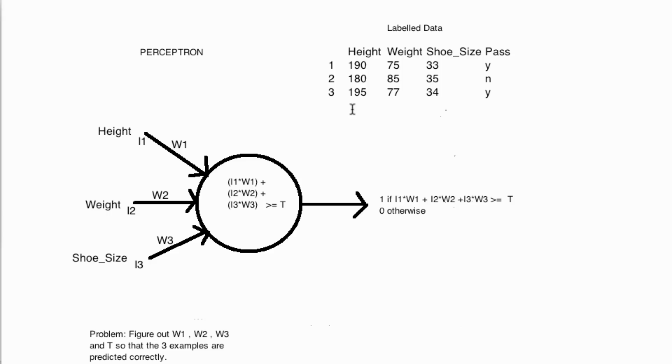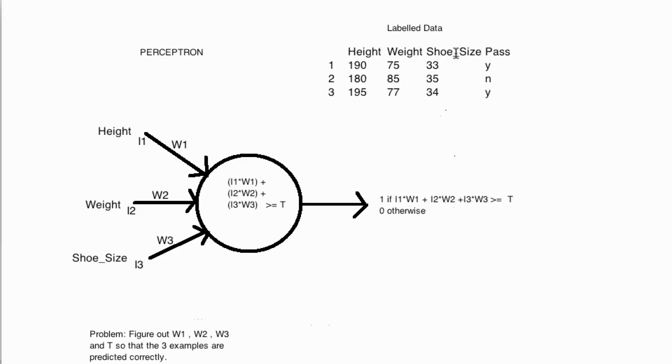So I do have some reason to want a neural network that might be able to do something like this. Now, my years of teaching experience have told me that I think I can be predictive about a student's success in my class based purely on their height, their weight, and their shoe size.